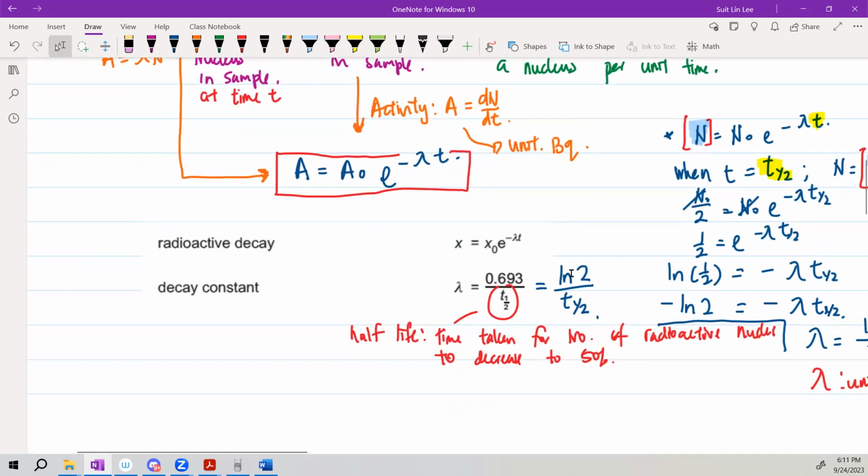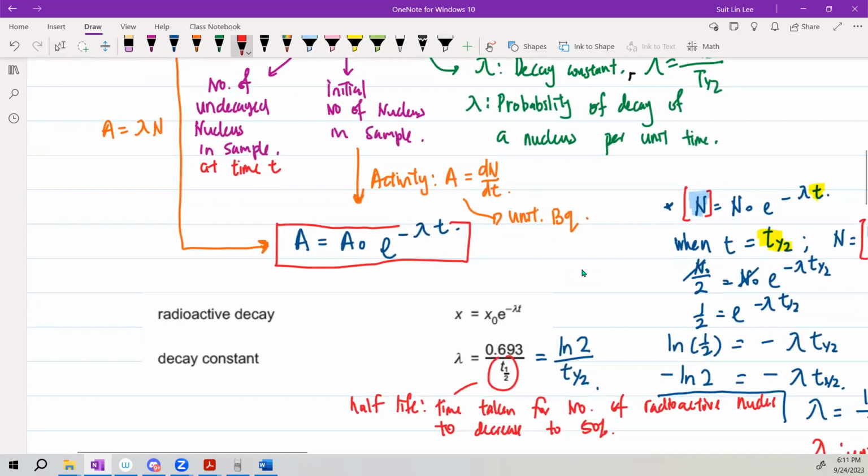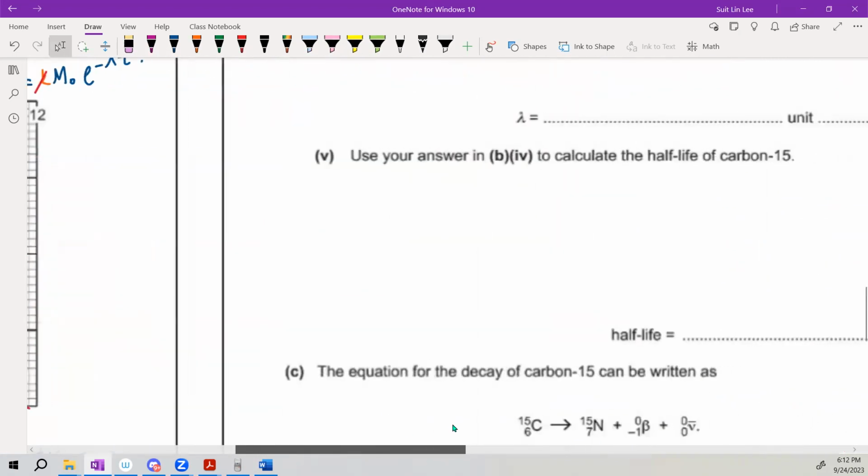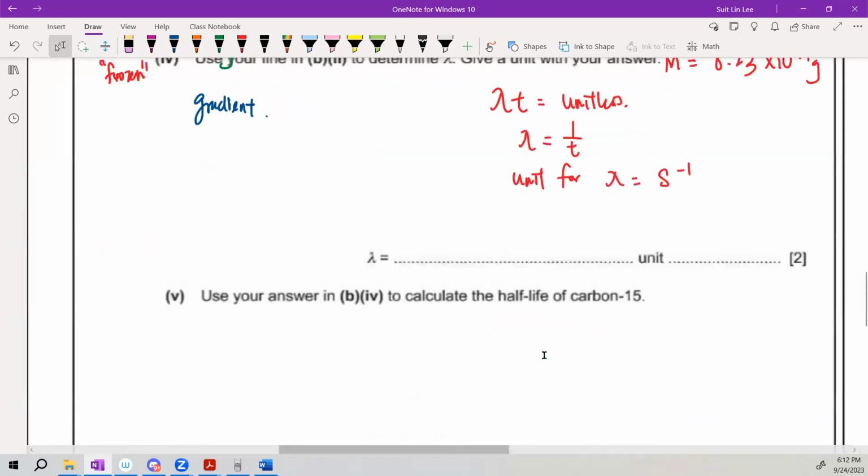They mention here half-life. Also per unit time. So the unit for lambda is second negative 1. So these many different ways tell you how to handle the log.